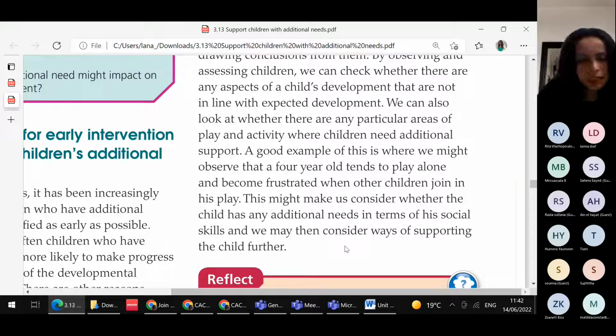It might not be physical, it might not be medical, it might be social skills. Maybe he just would like to be on his own all the time. So he's got certain areas where we need to give him extra support and extra help.